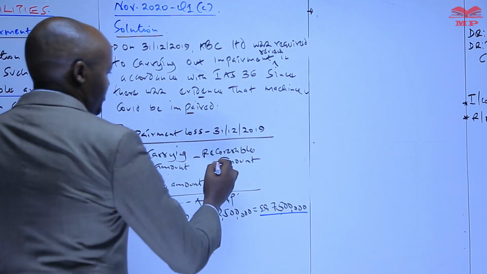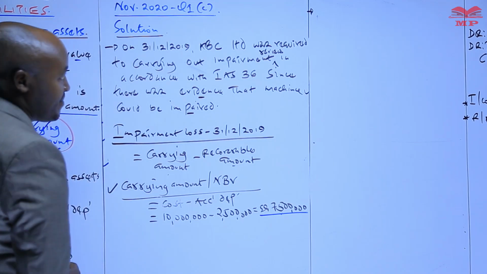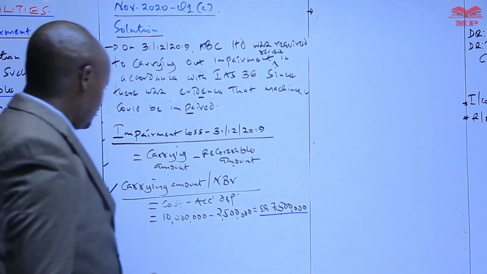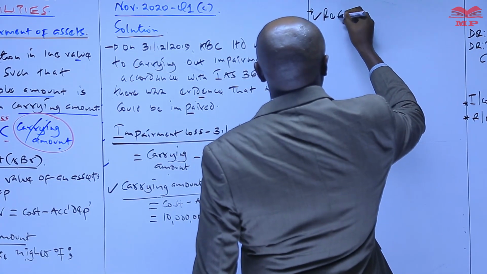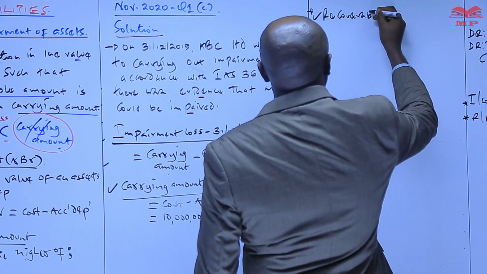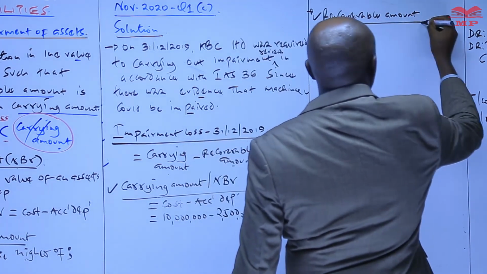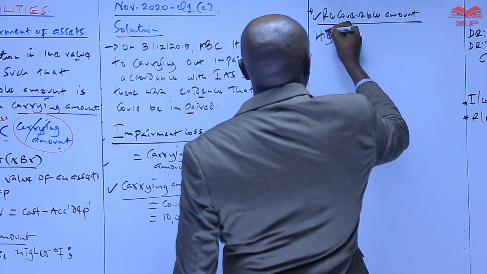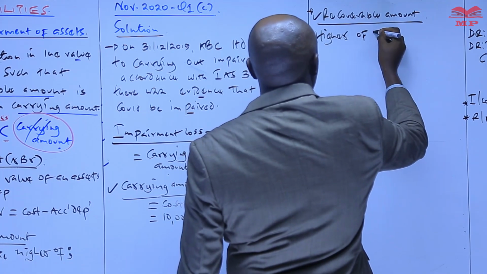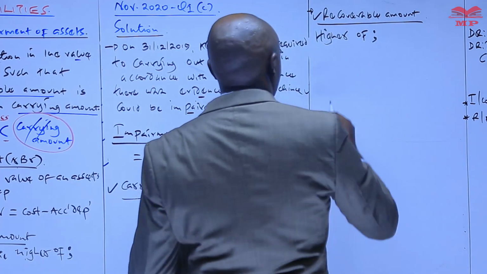Next, we determine the recoverable amount. The recoverable amount, we said, is the higher of two values.